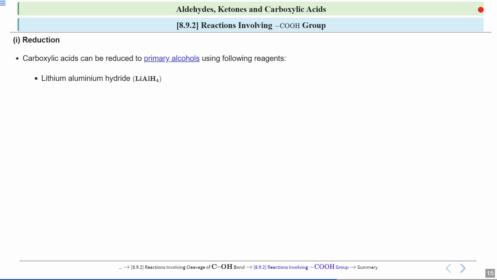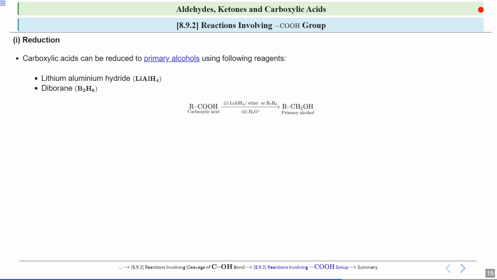LiAlH4 is quite reactive and must be handled with care. Next, we can use diborane, B2H6. This is an alternative to LiAlH4 and is also effective in reducing carboxylic acids to primary alcohols.